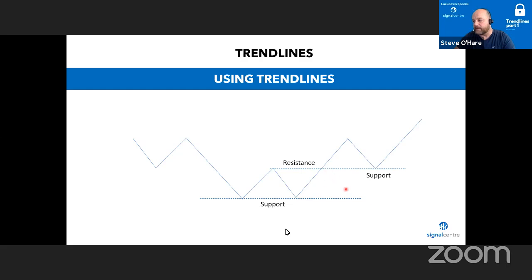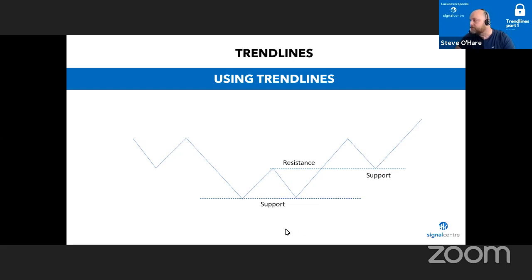We could really do with that third touch to tell us we're in a channel of some sort, a sideways channel. It's just a case of taking these points and continually drawing lines and redrawing lines if you need to.